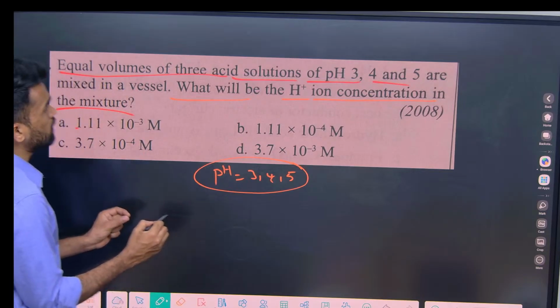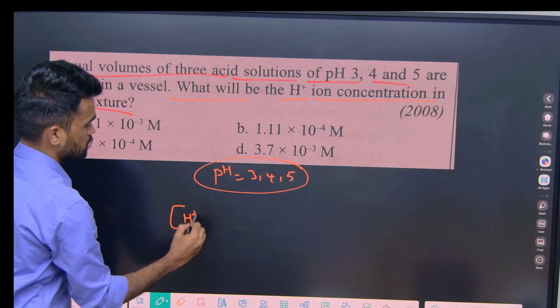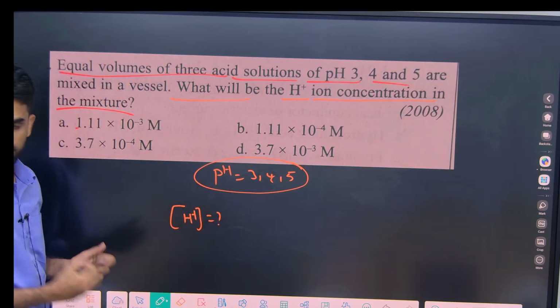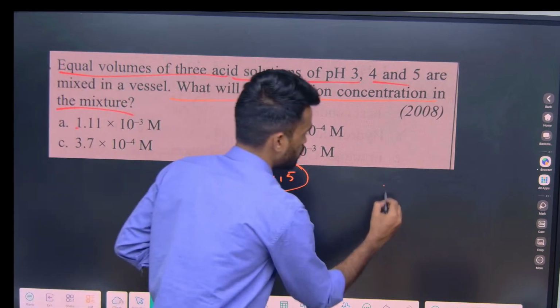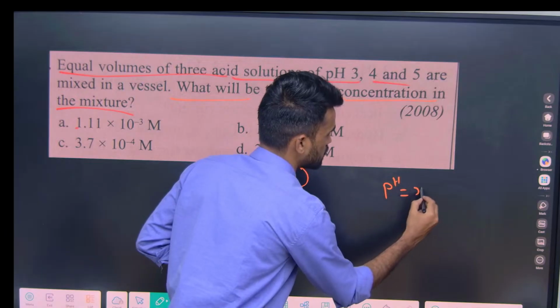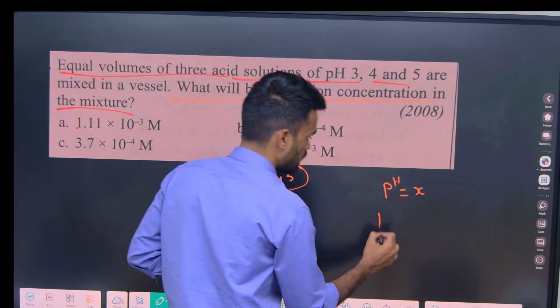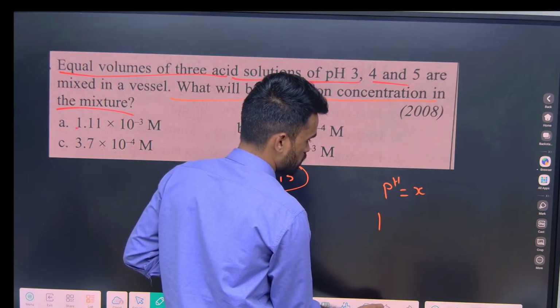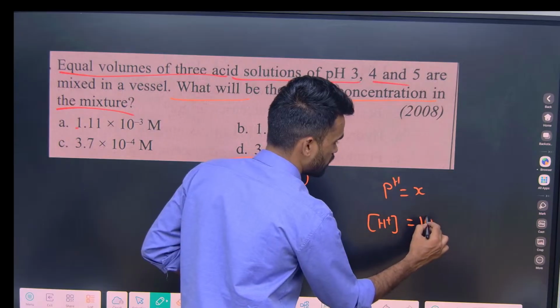What will be the concentration of H plus, they are asking, for the mixture. Whenever I say pH equals some X, then the concentration of H plus should be taken as 10 power minus X.